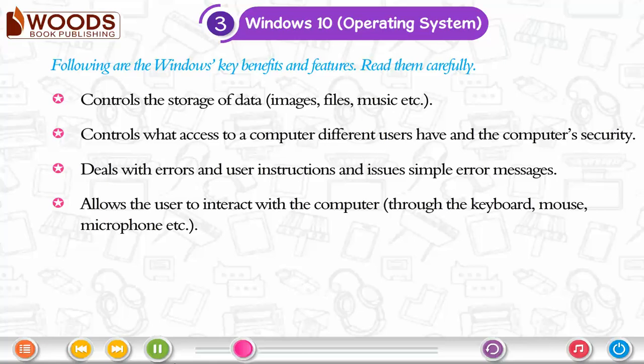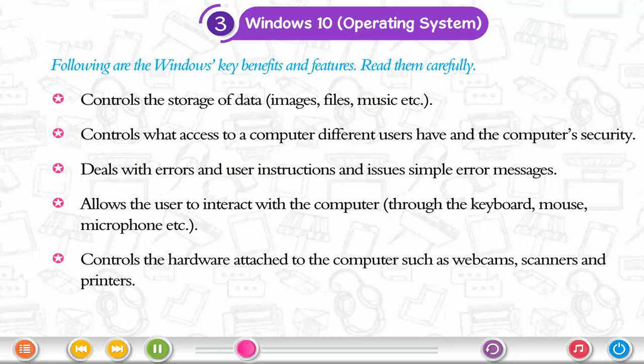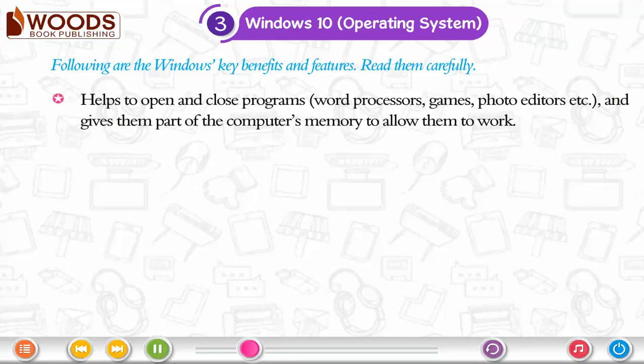Allows the user to interact with the computer through the keyboard, mouse, microphone, etc. Controls the hardware attached to the computer such as webcams, scanners, and printers. Helps to open and close windows, word processors, games, photo editors, etc. and gives them part of the computer's memory to allow them to work.